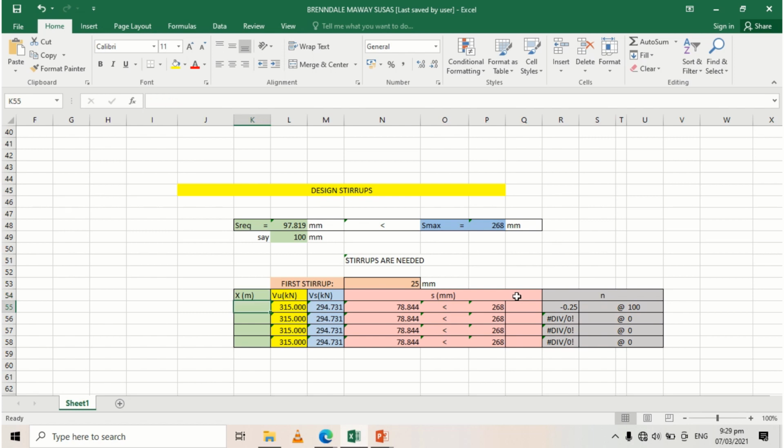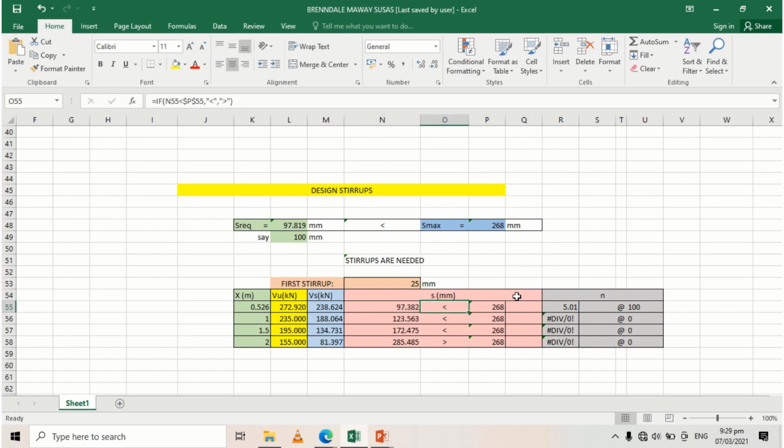So, X natin dito, first is doon sa critical section, which is effective depth natin, 0.536, then say, second natin is 1.5. Depende na ito, theoretical lang kasi ito. Ito yung mga respective Vu and Vs niya.